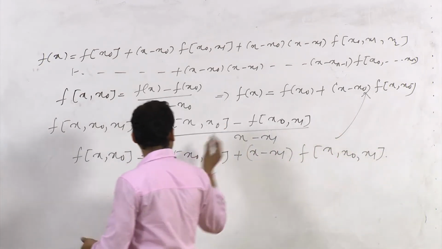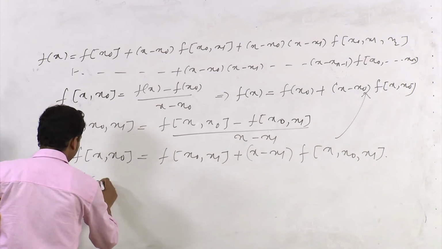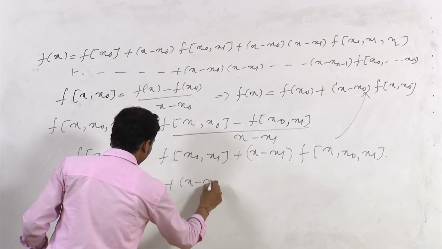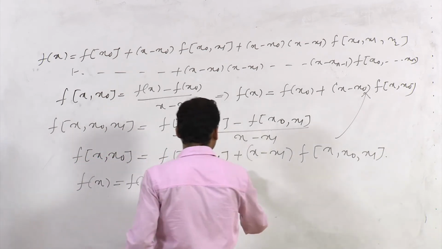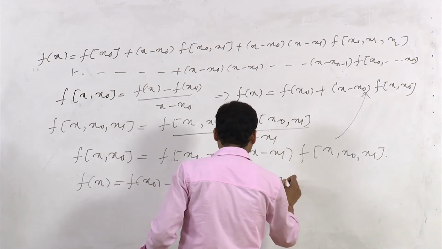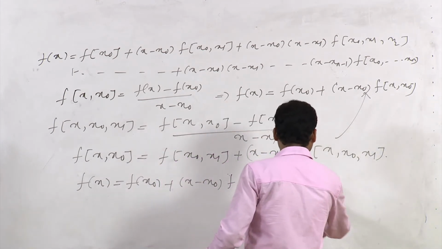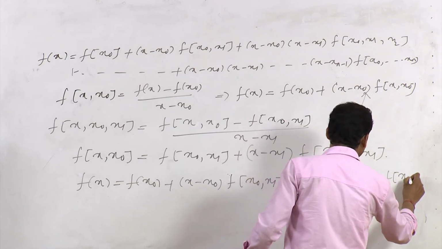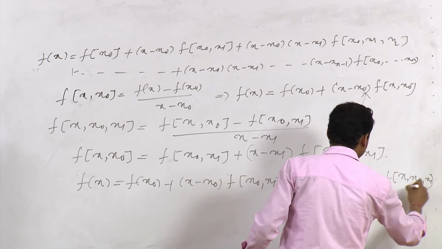If we replace this function f of x x0 in this expansion, then we obtain f of x equals f of x0 plus x minus x0 into f of x0 x1 plus x minus x0 x minus x1 f of x x0 x1 here.